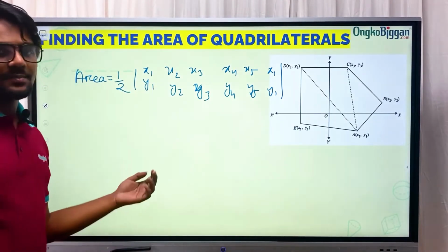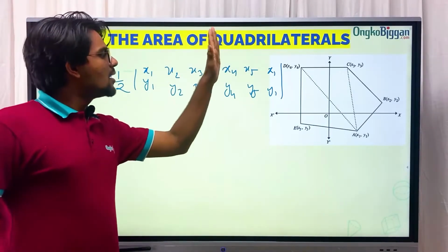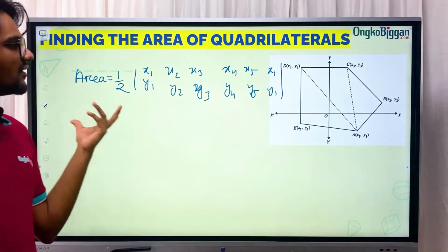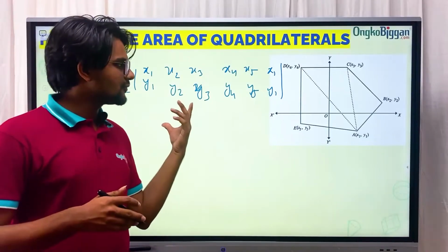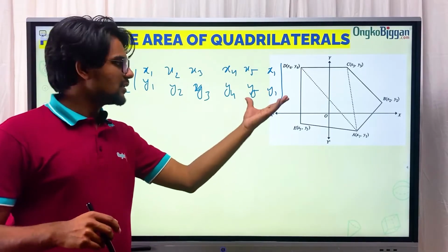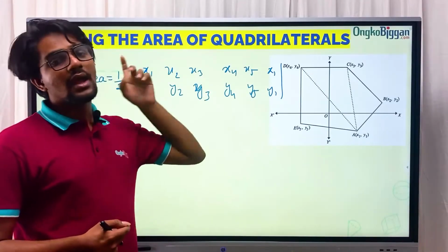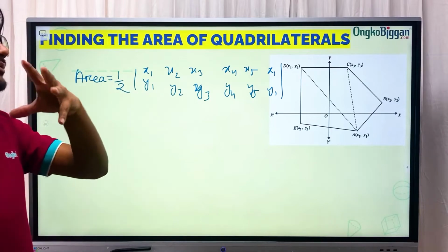See, now it is a pentagon and we have taken 6 columns: 1, 2, 3, 4, 5, 6. So if it was a hexagon, we have to take 7 columns. If it was a heptagon, we need to take 8 columns. Similarly, an octagon would need 9 columns.